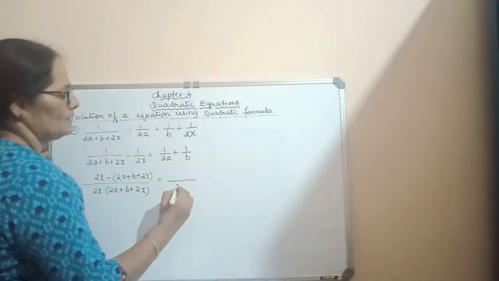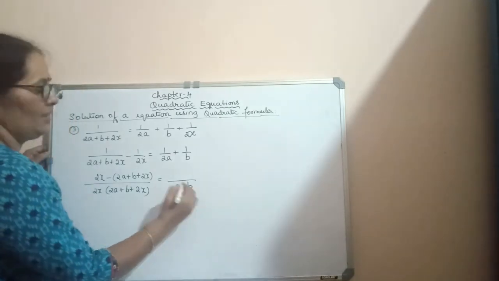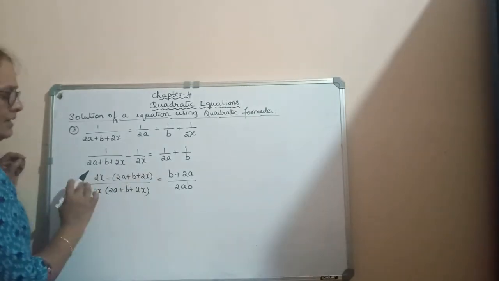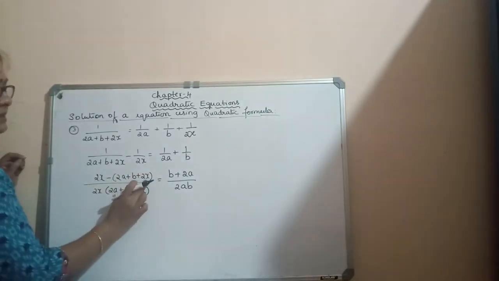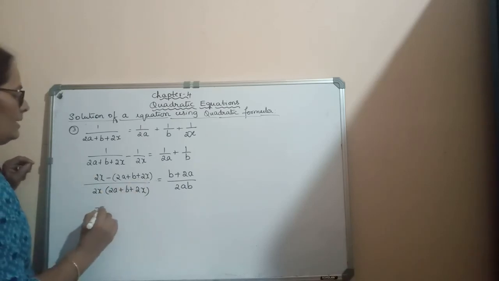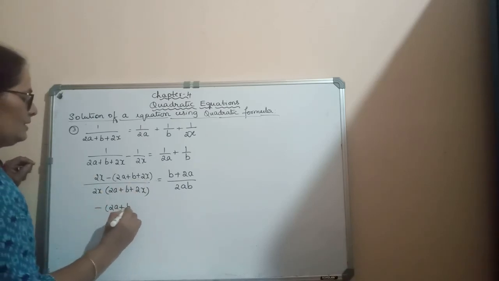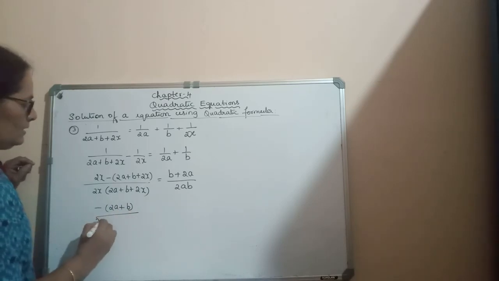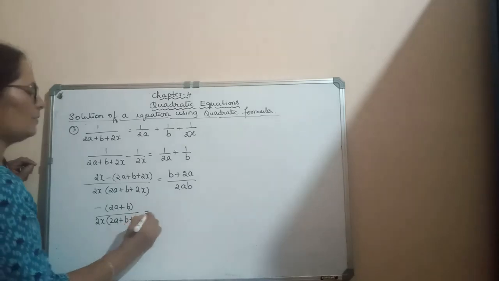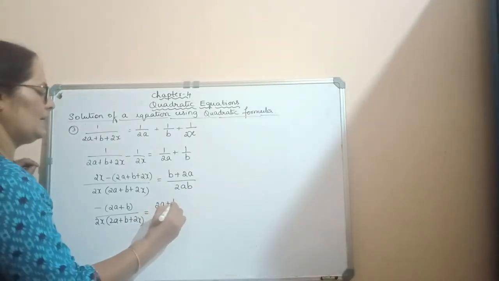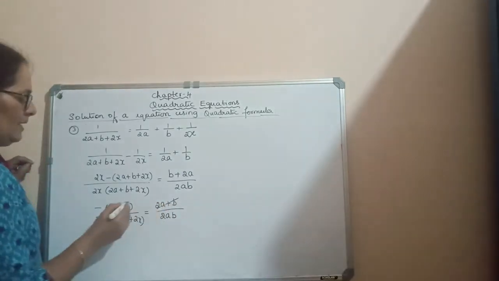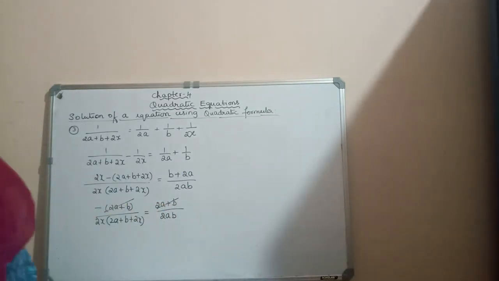Similarly in the RHS also take LCM 2ab, so b plus 2a. Now simplify here. So plus 2x, this one is minus 2x. So both will get cancelled. You will get minus into 2a plus b upon 2x into 2a plus b plus 2x equals to 2a plus b upon 2ab. Now 2a plus b, 2a plus b common on both the sides.